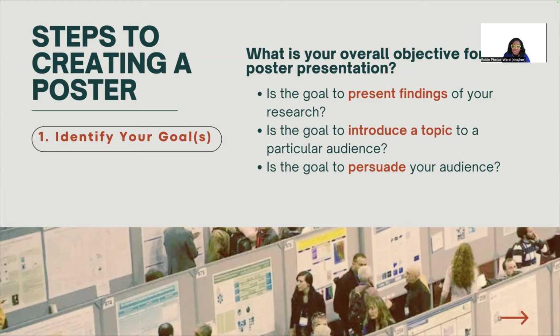And then maybe we're trying to persuade our audience to do or think or believe something. So all of these are different types of goals that we have when we're trying to present our research, our creative work, whatever it is that we're facilitating a presentation about through a poster. So we've got to be clear on what our goals are, because depending on your goals, you might organize and facilitate differently.